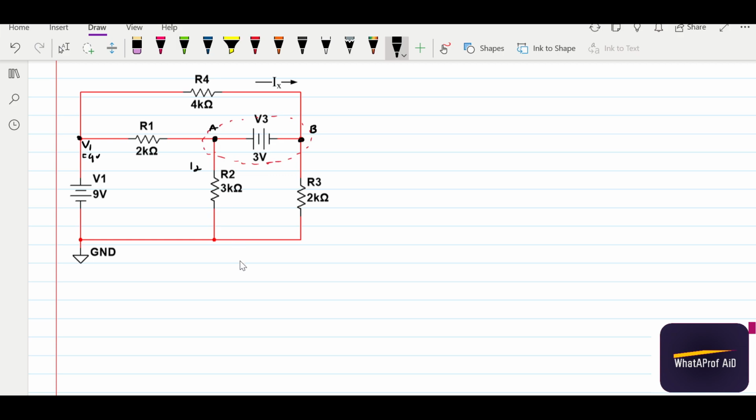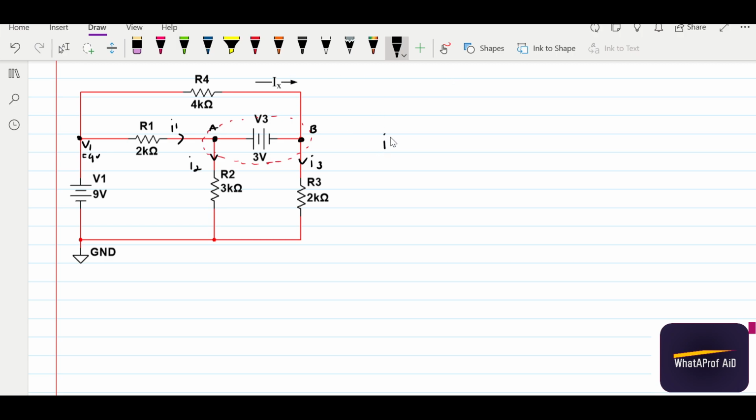Okay, so we write the equation for the current flow through here. So let's say we call it this direction like this. These two currents actually go inside these two nodes, I mean the effective node, Ix, and so I call them I1, I2, and this is I3, and this is Ix.